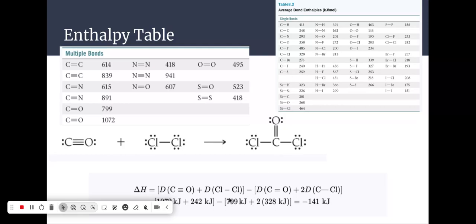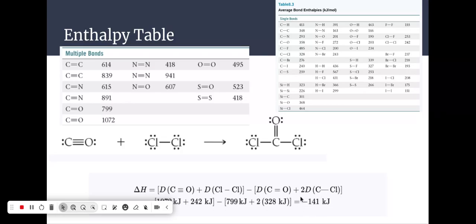It's easy to keep these separate with parentheses because the negative can get confusing. In parentheses, you're going to have the carbon and oxygen double bond and 2 carbon chlorine bonds, which is 328. Sometimes you could get the wrong answer just because of a math error, so it's very important to keep the parentheses or do it separately. And you should get negative 141 kilojoules.